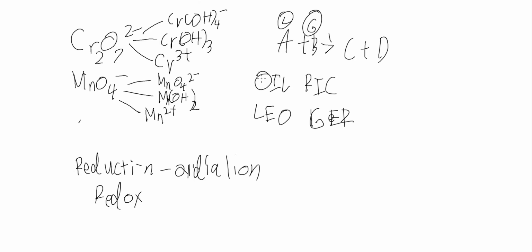So this stands for oxidation is loss, reduction is gain. And this is essentially the same. Loss of electrons is oxidation, that's Leo. GER is gain of electrons is reduction. They're stupid, but they work. I have used these mnemonics for so long, and they have never failed me.